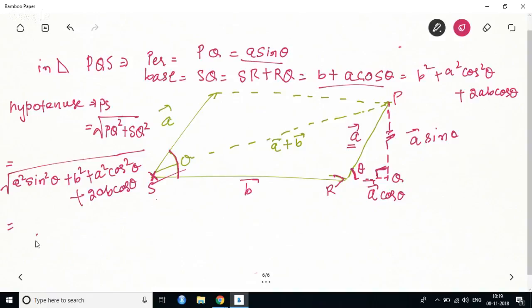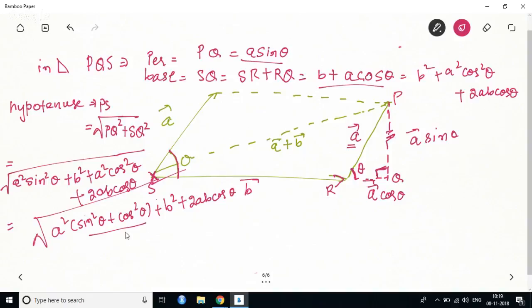So this is equal to a square sine square theta plus cos square theta plus b square plus 2ab cos theta.